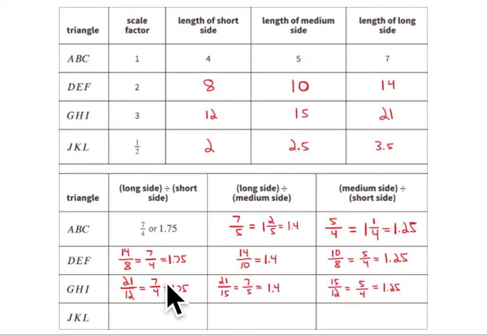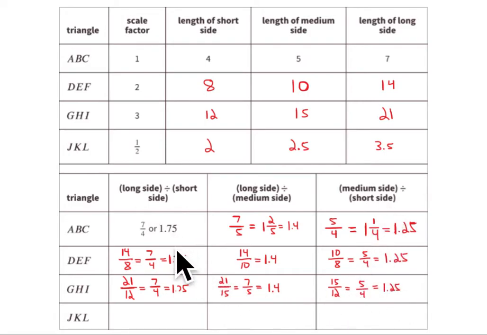Again, that's the same as 7/4. So 21/12 is 9/12 longer. 9/12 is the same as 3/4. So it's 1 3/4 times as long, 1 4/10 times as long for the long side compared to the medium side. And the medium side is 1 1/4 times as long as the short side.